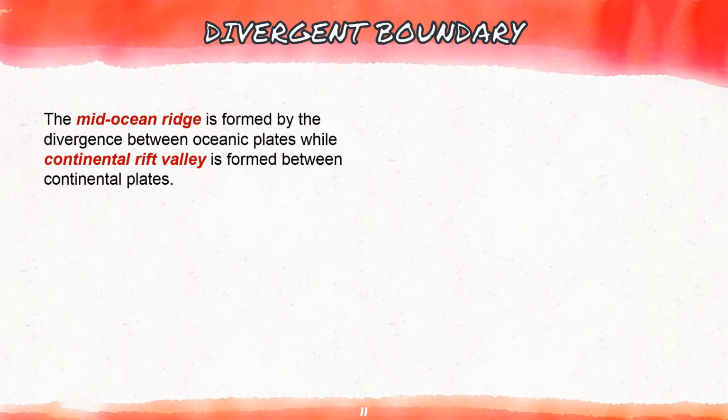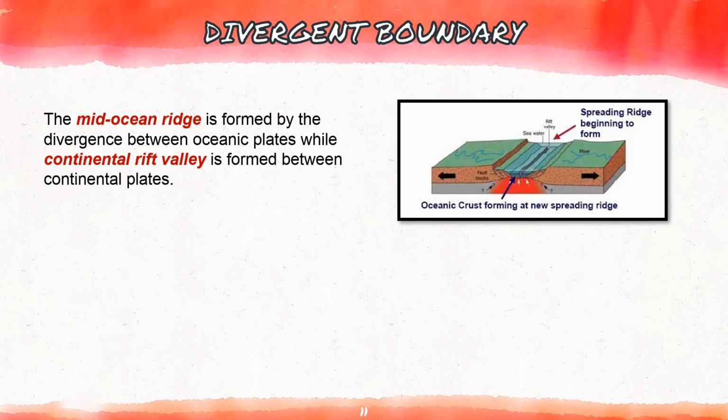Now, there are formations that happen during divergent boundary. We have here the mid-ocean ridge and the continental rift valley. The mid-ocean ridge is formed by the divergence between oceanic plates. While on the other hand, as the word itself suggests, the continental rift valley is formed during the divergence between continental plates, as shown in this illustration.